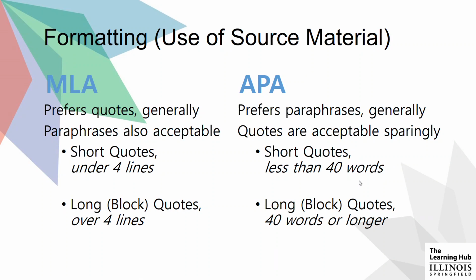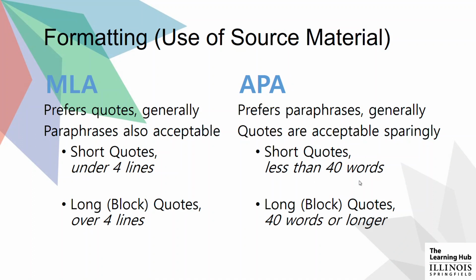Now, both citation styles have guidelines for how long a quote can be before you need to make changes to the formatting. So generally speaking, there are what are called short quotes and long, or also called block quotes. We have handouts and materials on how to format block quotes, so do check that out. But just generally speaking, in MLA, they designate lines of text.